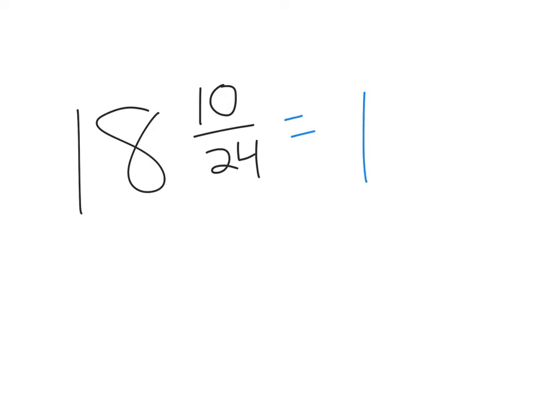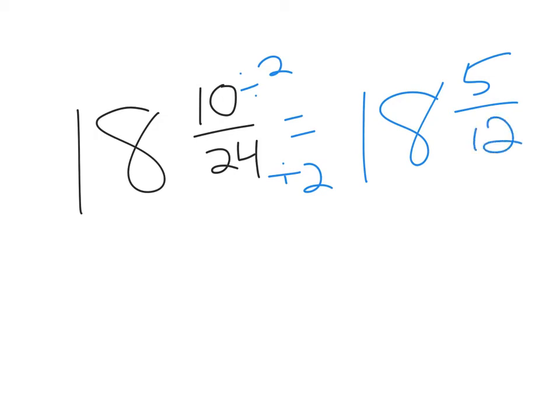Let's start there. 18 is going to stay the same, and then I'll reduce just the fraction part of it. I'm going to reduce those both by 2. 10 divided by 2 is 5, and then down at the bottom 24 divided by 2 is 12, and 5/12 cannot be reduced any further, so this reduces down to 18 and 5/12.